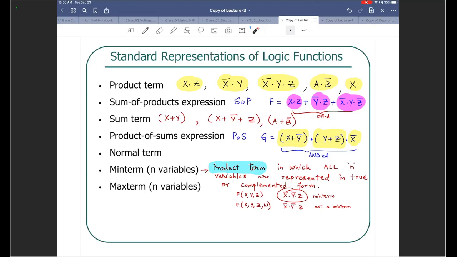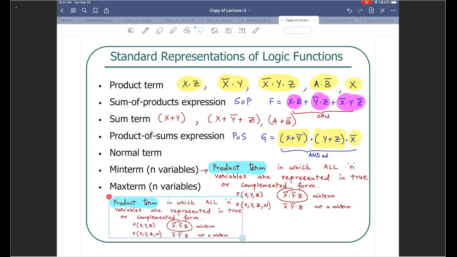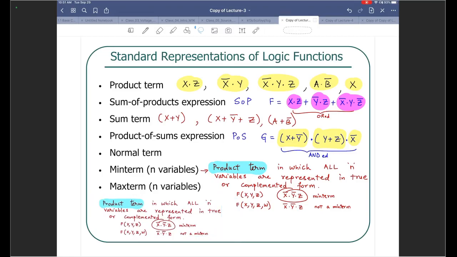Now let's talk about a maxterm. The definition is pretty similar. It is just going to change from a product to a sum. So let's see, if I copy this here and paste it over here, and then change this to sum.